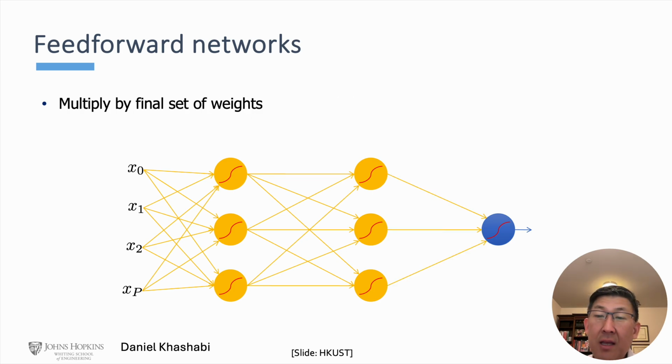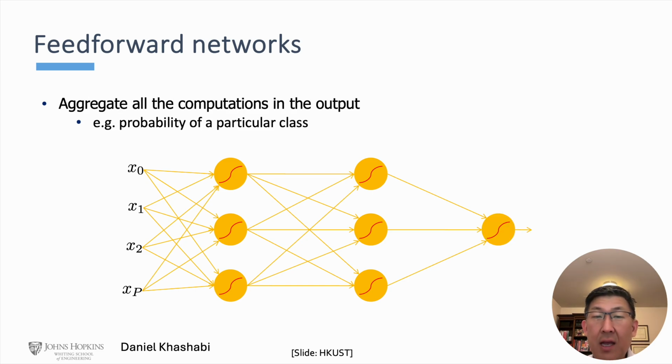Now, if you wanted the information to flow back into a node, it's possible, and that's called a recurrent neural network. But for the purposes of this lecture and this week, we talk about a neural network that is just pushing the information forward until the very end. It's probably a probability. It's one node, so it's probably a binary classification.